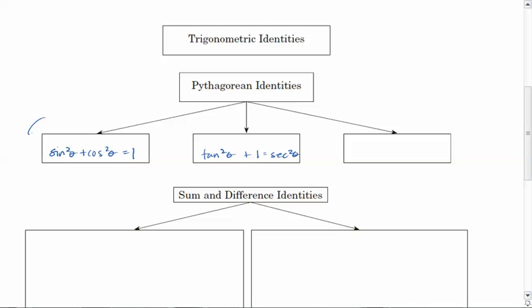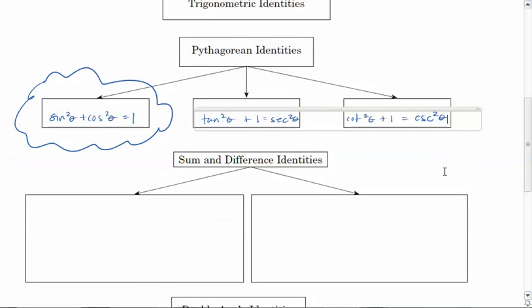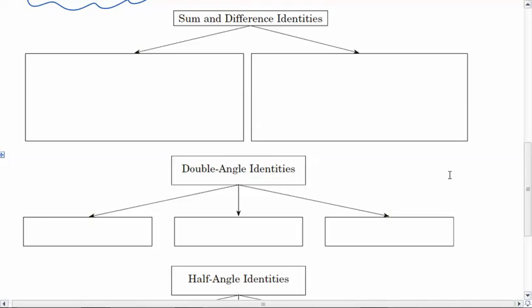Again, really, this is the one to know, because if you know how to divide sine squared theta, cosine squared theta, and you know your reciprocal identities, you'll be able to come up with the other two. So also we have cotangent squared theta plus 1 equals cosecant squared theta.